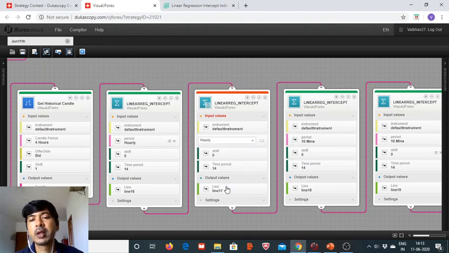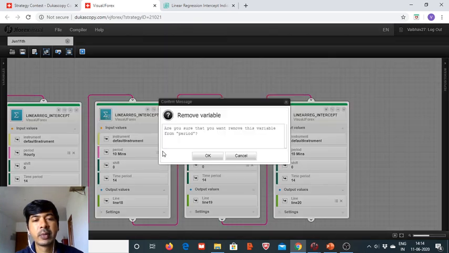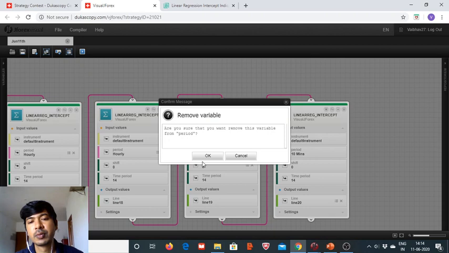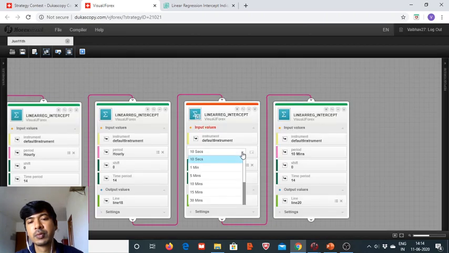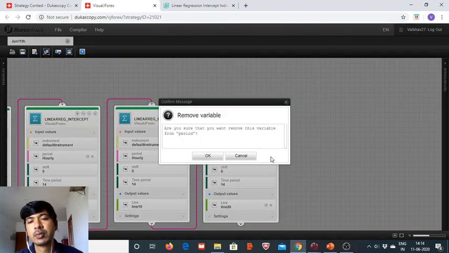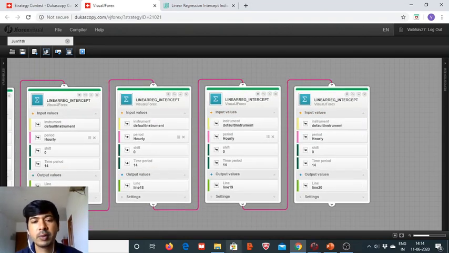All these 5 candles will need to be changed to hourly. This one as well. So here we got this.